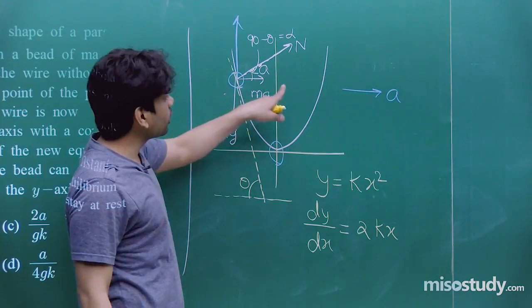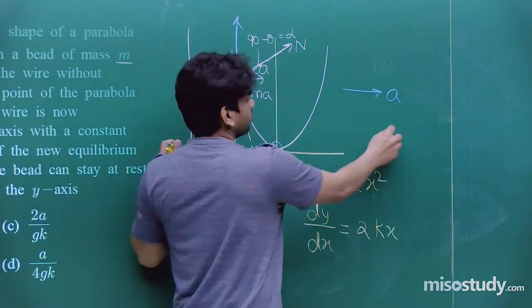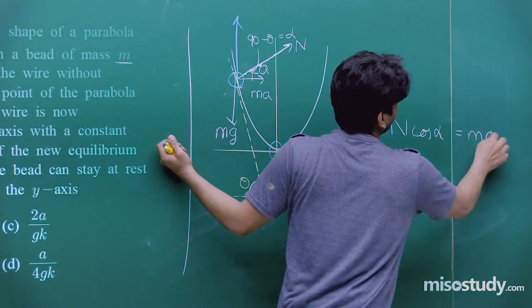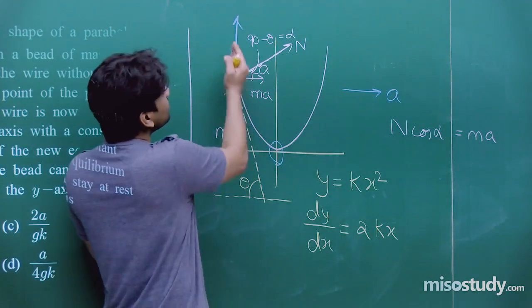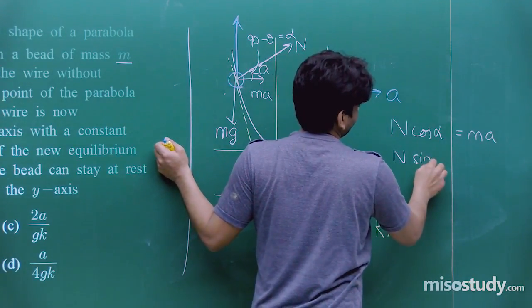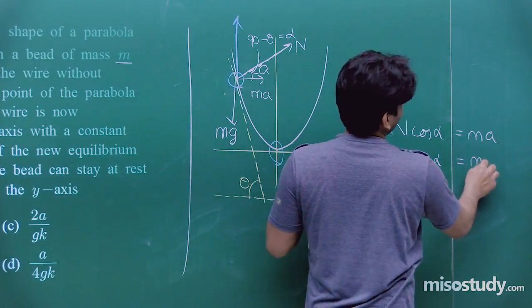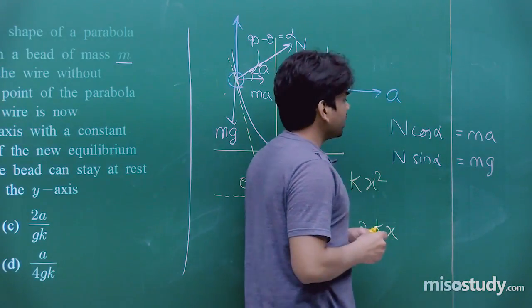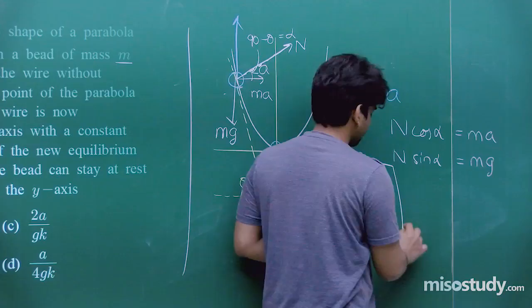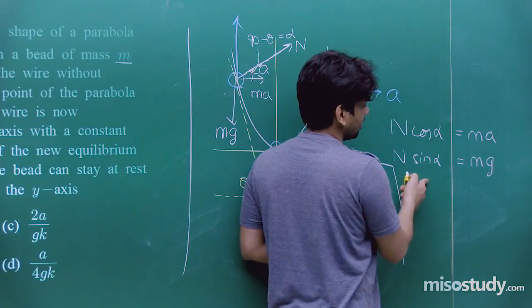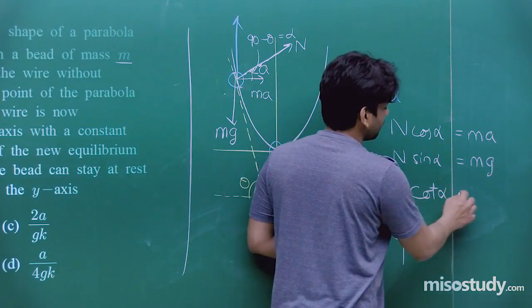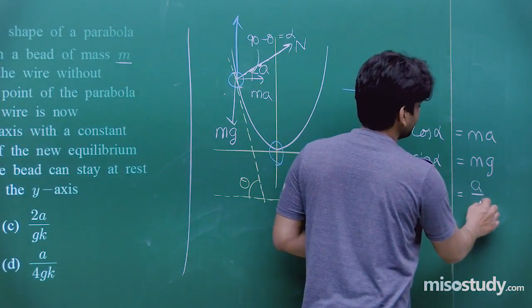So we can write N cos alpha equals ma and N sin alpha equals mg. Now if we divide N cos alpha by N sin alpha, we will have cot alpha equal to a by g.